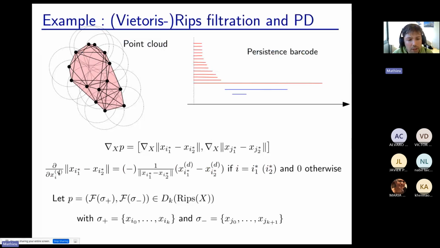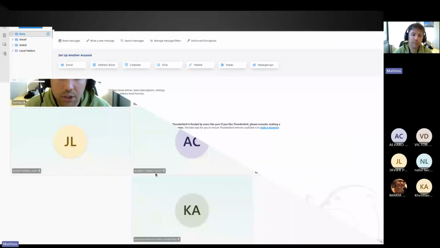Obviously, the partial derivative of this distance with respect to an xi is 0 if I'm computing the derivative with respect to some i that is neither I star 1 nor I star 2. And if i is one of the two, then it's basic linear algebra. We have an explicit formula for the gradient.